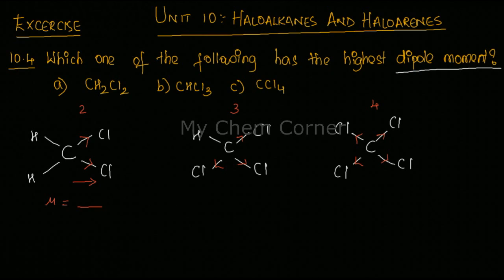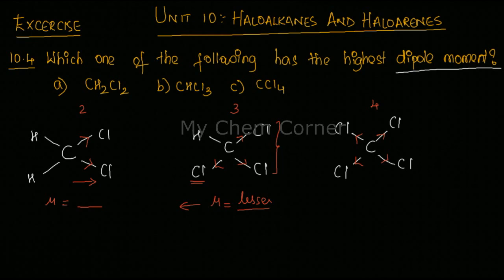Though these 2 atoms pull the electrons in one direction, this one atom is pulling in the opposite direction when compared to both of these. So they're pulling in 3 different directions from the central atom. So here the dipole moment will be slightly lesser than the previous one.